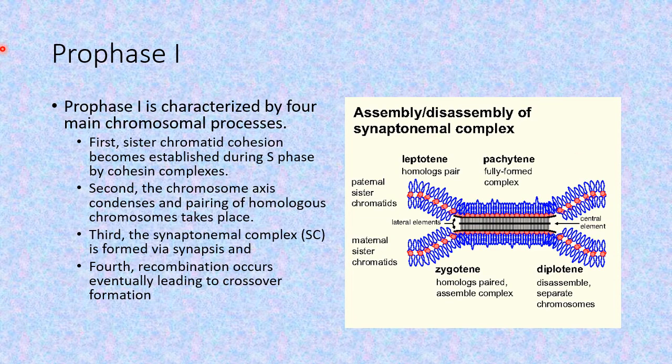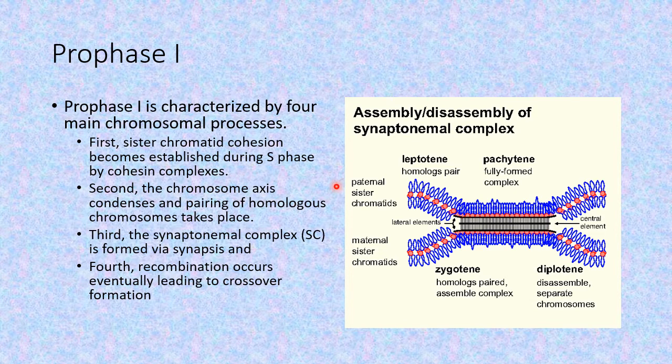Now, prophase 1 of meiosis is the longest phase of the meiotic cycle, and it is divisible into 5 substages: the leptotene, zygotene, pachytene, diplotene, and diakinesis.